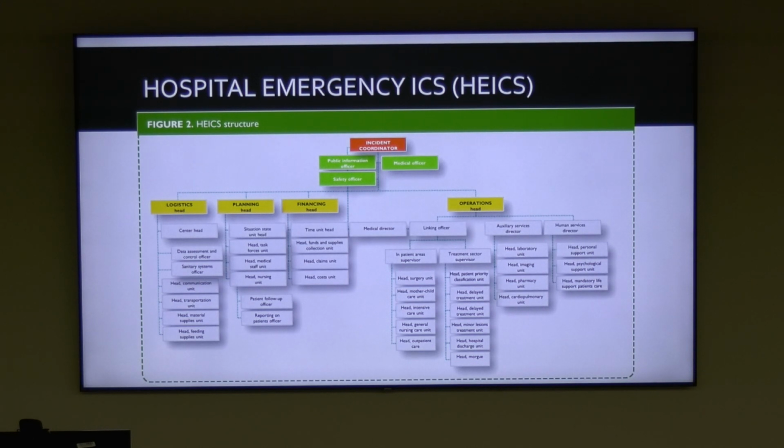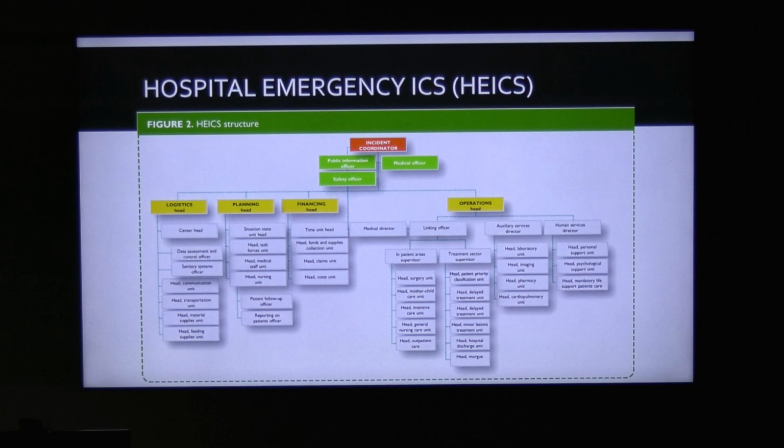I will talk a little bit more about that later during this presentation. Then there are the human services and the auxiliary services. This involves the laboratory, the imaging, the pharmacy, and also making sure that you provide services for the human services.